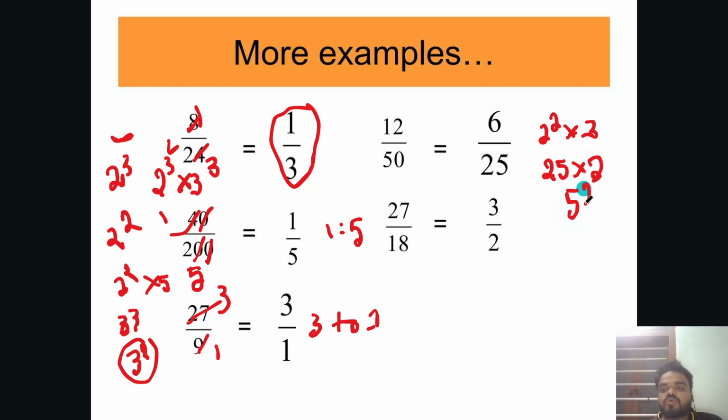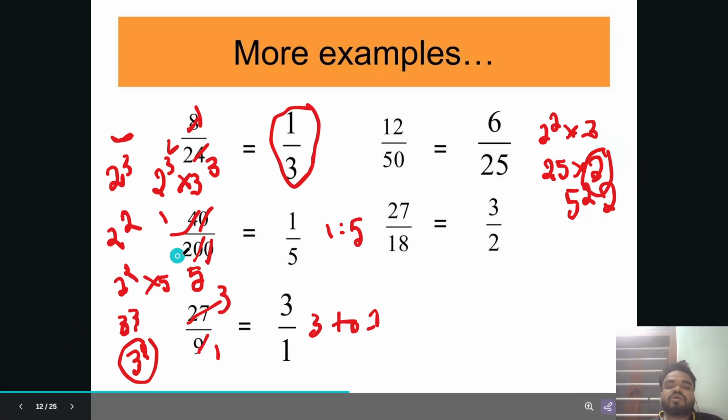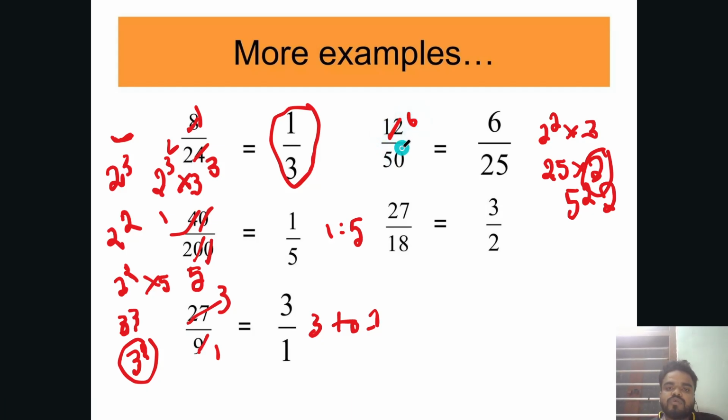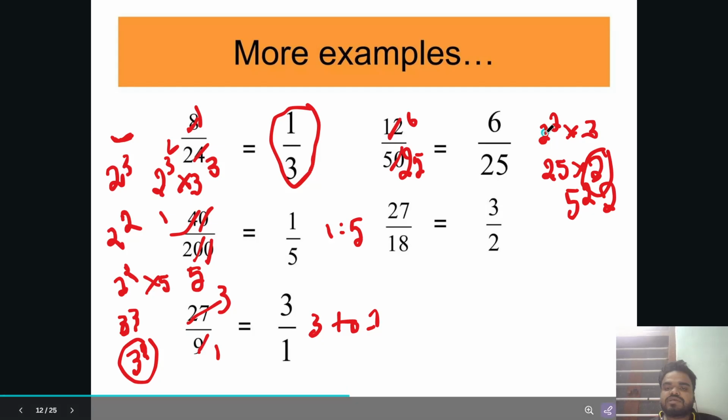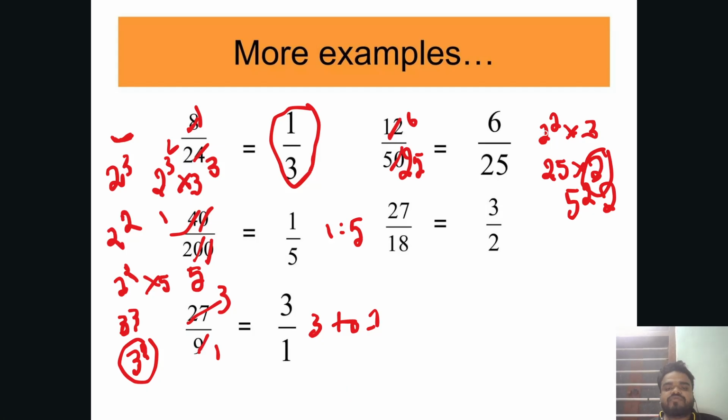What is common here? 2 only. What is the least power? 2 to the power of 1. So divide by 2 on both numerator and denominator. 2 sixes are 12, 2 twenty-fives are 50. So the ratio will become 6 by 25, 6 to 25 or 6 is to 25.